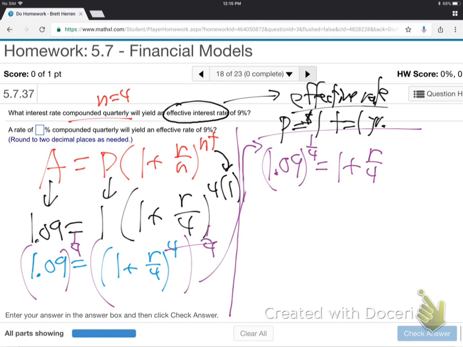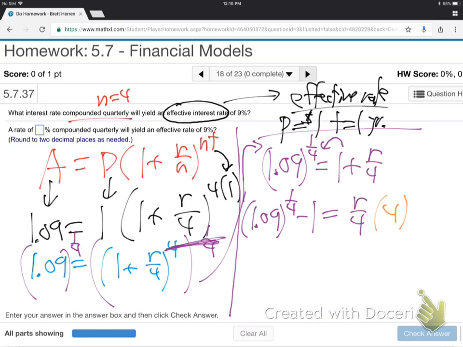Y'all seeing that? Because the 4 and the 1/4 cancel each other out. Got to finish solving for R, so we just jump the 1 to the other side. And then what do we do to get R alone?